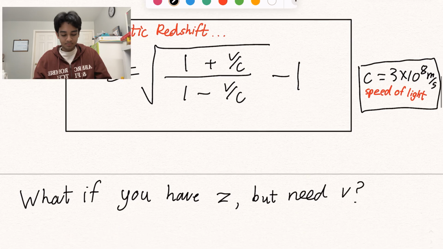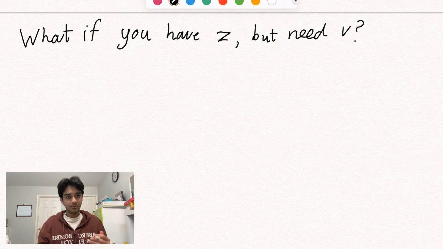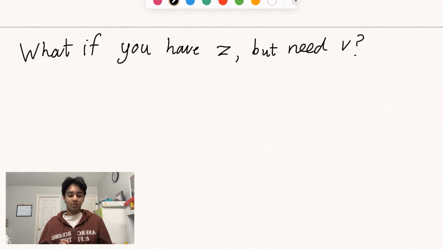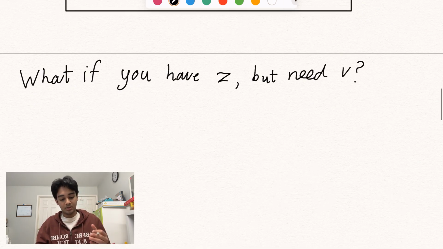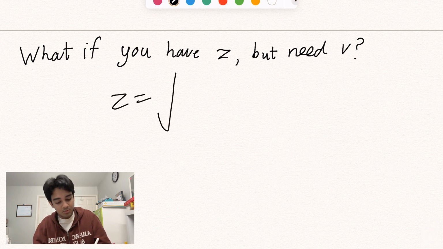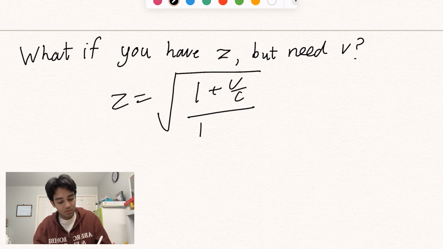Let's move on. Now, what if you have z in a problem? You have the redshift, but you don't have the velocity. You need to find that out. This is how you would manipulate the equation above to isolate for v. So we start out with z equals the square root of (1 plus v over c) over (1 minus v over c), minus 1.